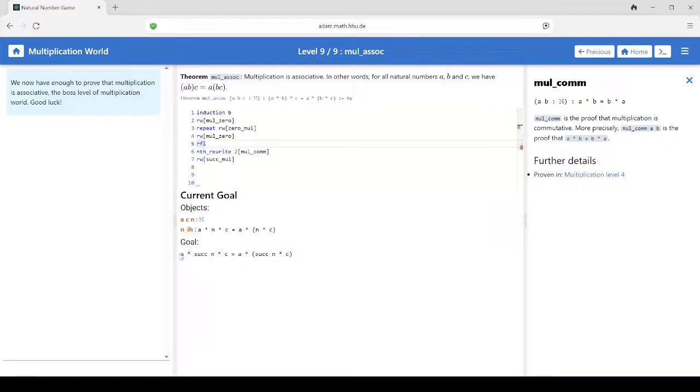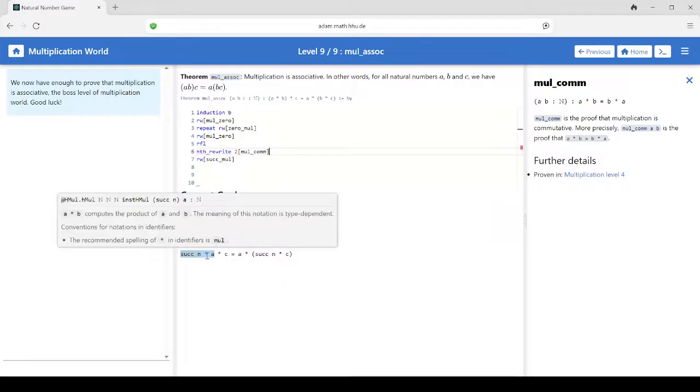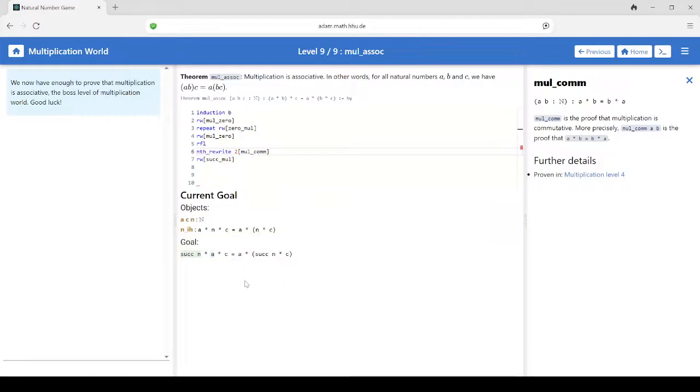Okay, yes, that successfully switched these two around. I'm not sure that helps me, actually. Unless I do it again, and this time switch the third one around.